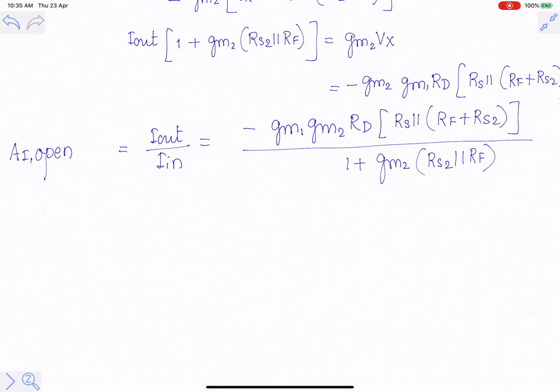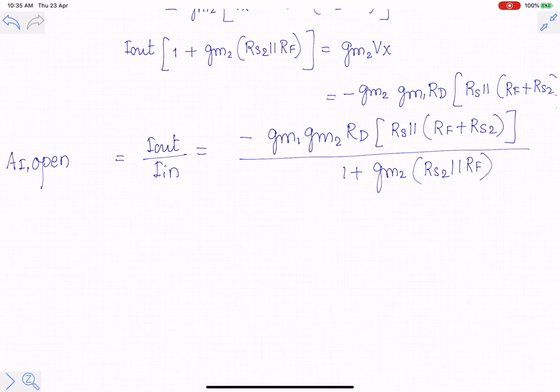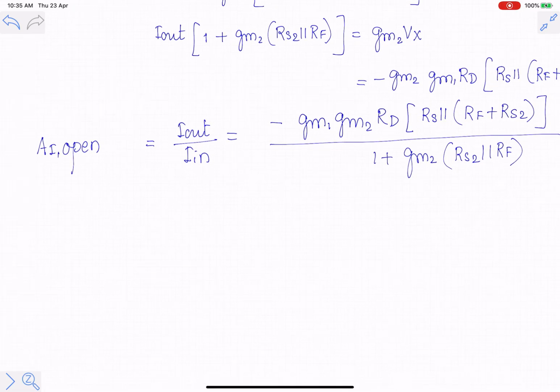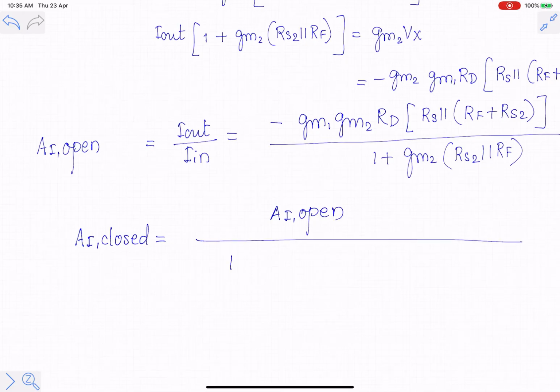Okay, so as I discussed previously, this is the negative quantity, and then we get AI closed equal to AI open divided by 1 plus beta into AI open.